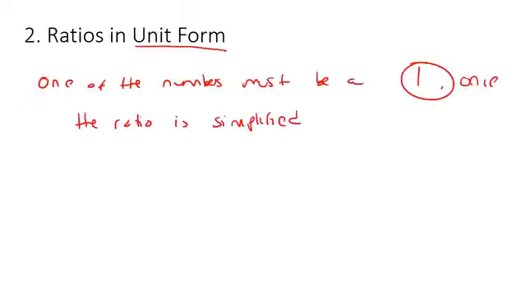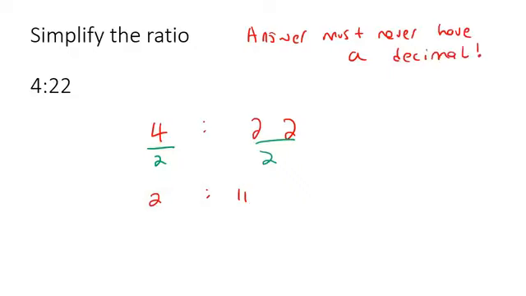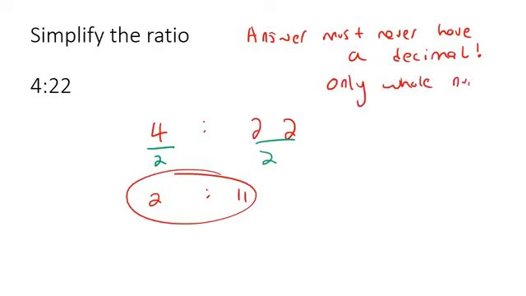Oh, something very, very important. When we were doing these simplifying ones, these simplifying the ratios, I forgot to mention, the answer must never have a decimal. You see how the answer has no decimals in it? It's only got whole numbers, okay? Only whole numbers.